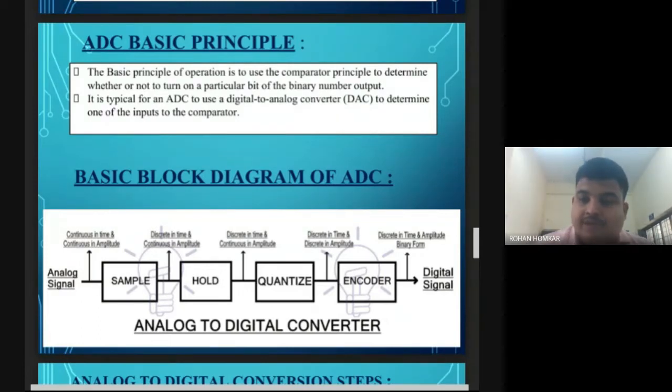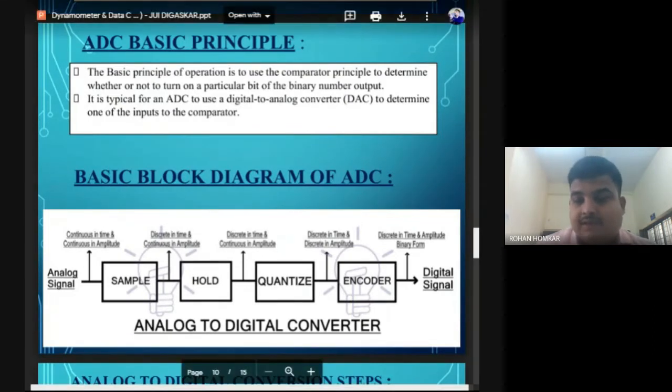Okay, so we need an encoder, and after the encoder we get discrete in time and amplitude, and then again we need that digital form in the binary form. Okay, so in binary form you finally get this conversion done, your digital signal.